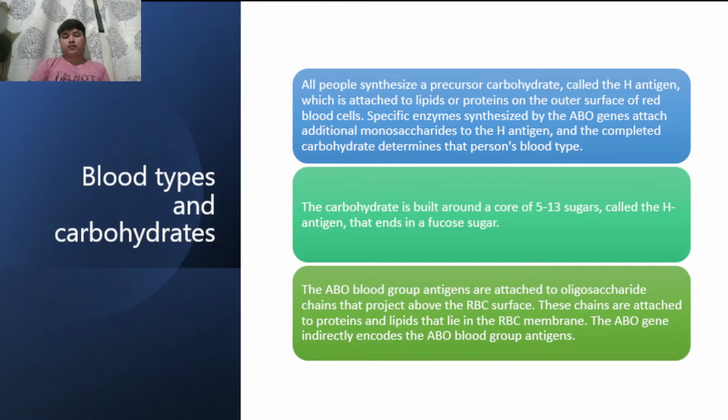The ABO gene indirectly encodes the ABO blood group antigen. While blood types may be considered a biology or medicine topic, carbohydrate chemistry is of great importance for the most commonly considered blood classification, the ABO blood types.